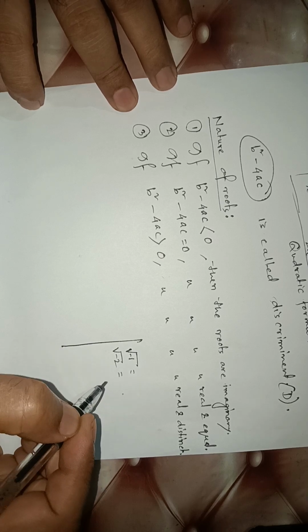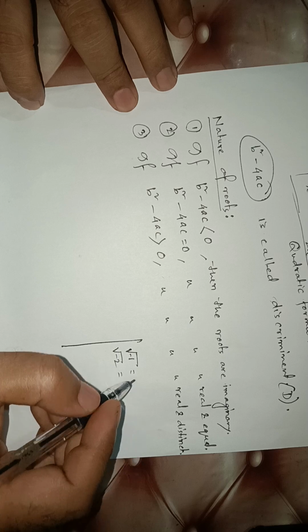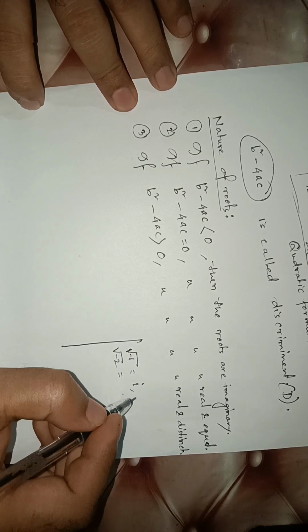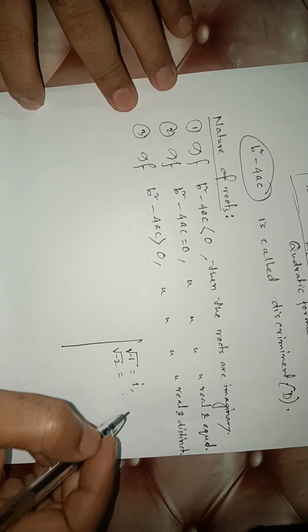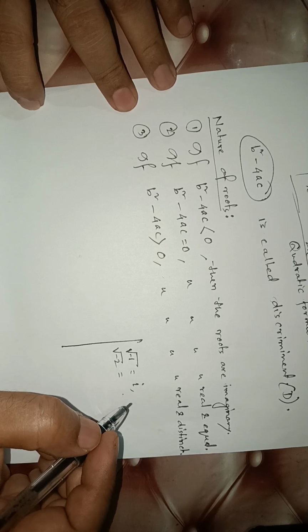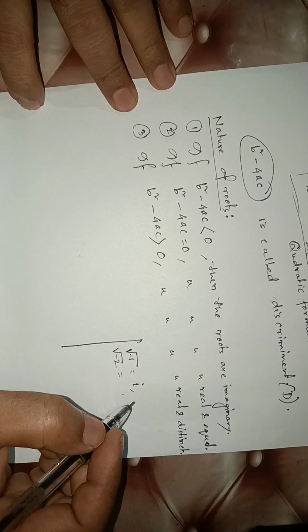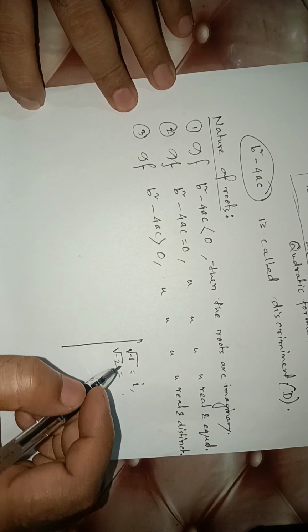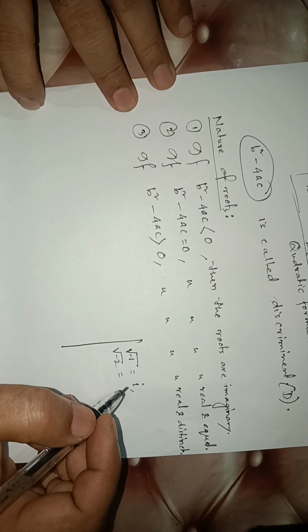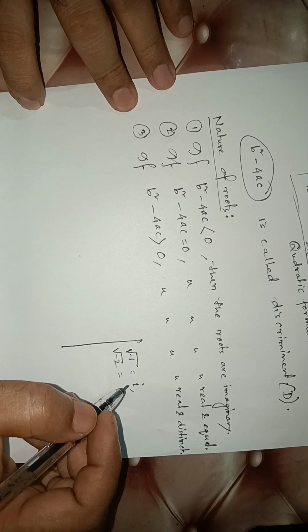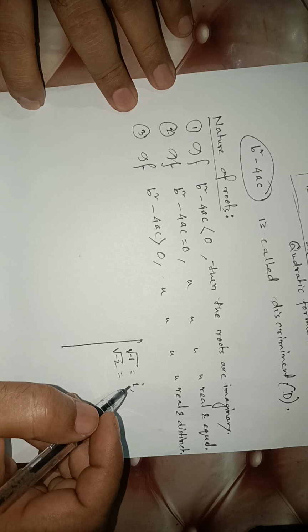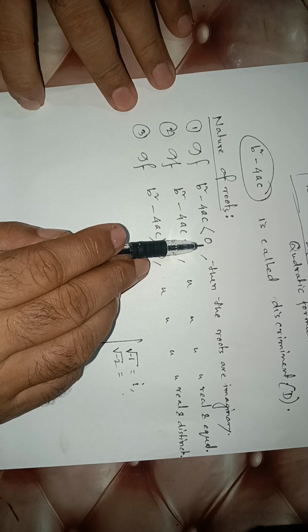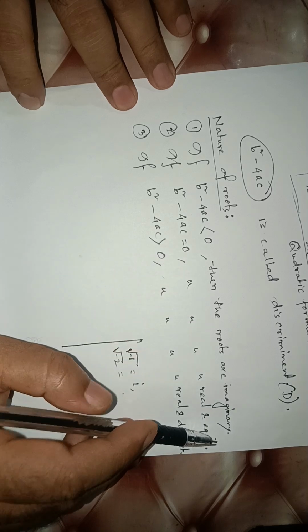When you go to higher classes, you will get root over minus 1 as i, an imaginary or complex number. Complex numbers are a chapter you will get in class 11. So at your level, root over minus 1 is undefined, so you cannot put any negative value within the root. So for this case, b square minus 4ac less than 0, the roots are imaginary.